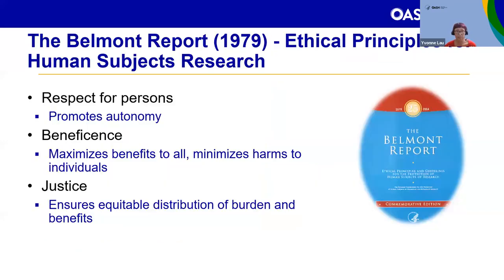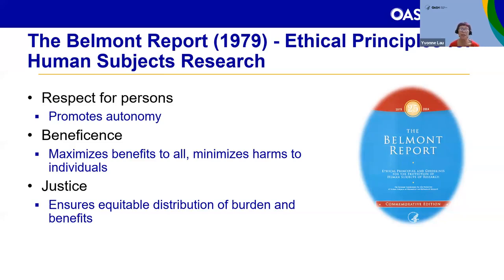For ethical considerations, there are the Belmont Report's ethical principles: respect for persons; beneficence, minimizing harms to individuals and maximizing the benefits to the individuals or to their community as a whole; and the principle of justice, the equitable distribution of burdens and benefits.